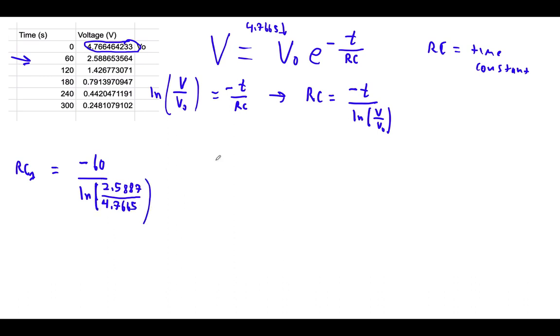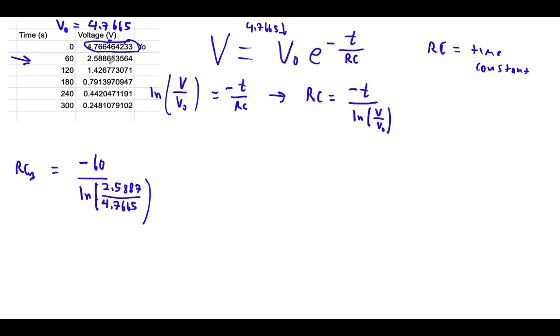Okay. So for V0, I'm using this because I think that's enough sig figs. I just rounded it to here. And I'll round all of these to there because I just don't feel like typing in all of those things. So 2.5887, right?